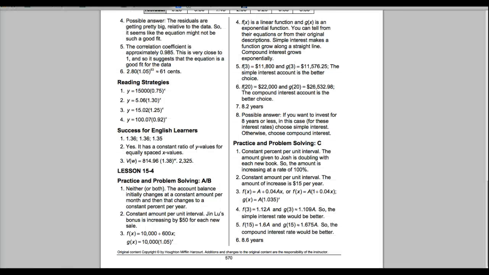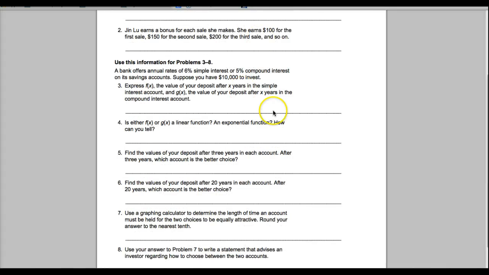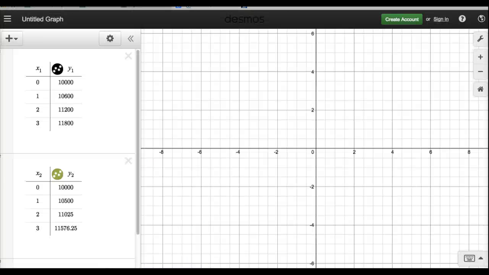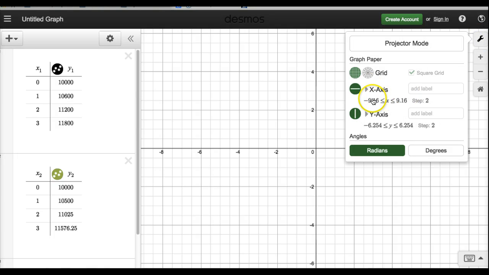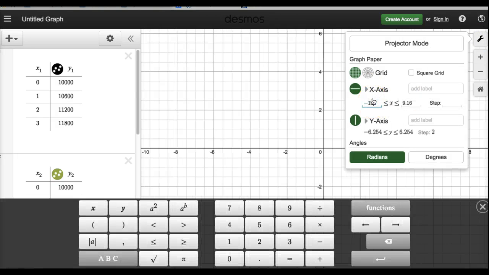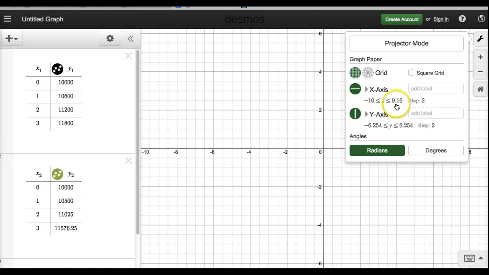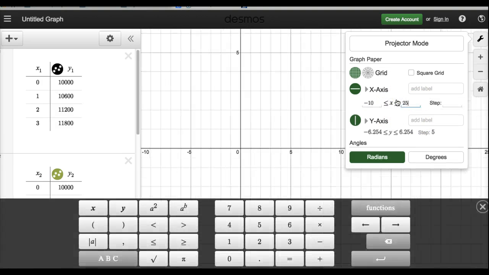If you go back to the question, it's asking you stuff like find the values after 20 years. So you know what? I'm just going to make it bigger and put it at like 23. So for the x axis, I'm going to start with -10 and go all the way to 25. Okay.